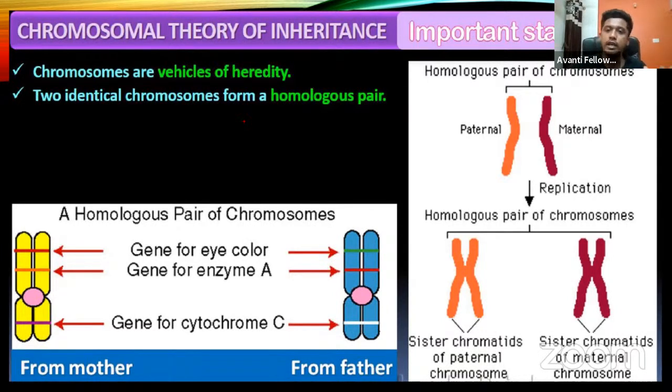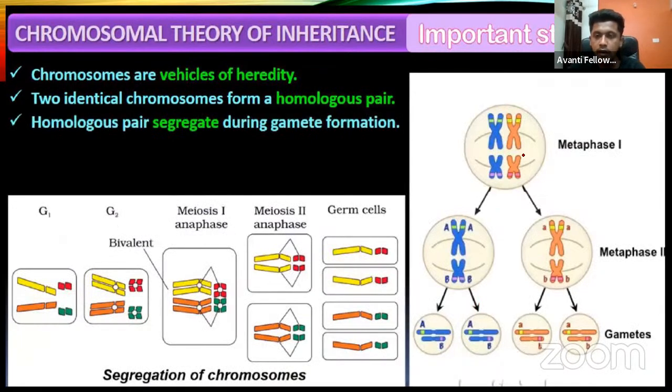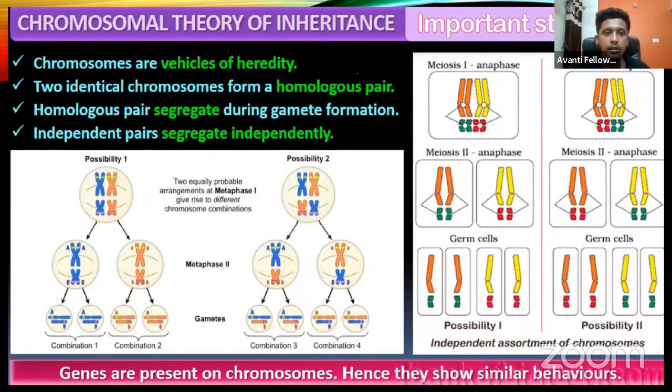So now when it comes to chromosomes, yesterday we talked about what homologous pairs of chromosomes are and how they duplicate, right? So here is one of the best examples of how the chromosomes segregate very independently, right?